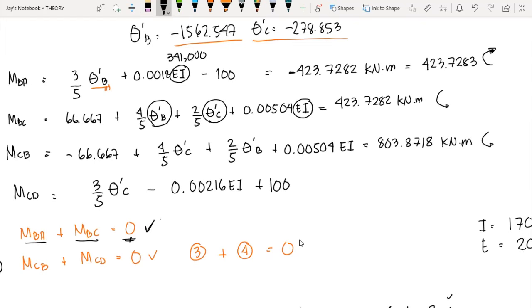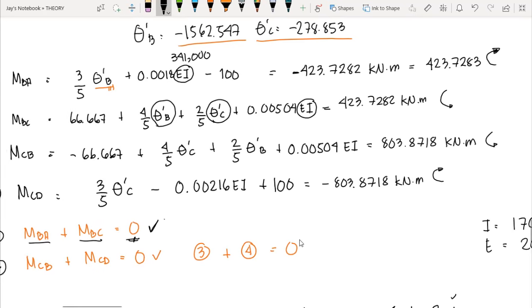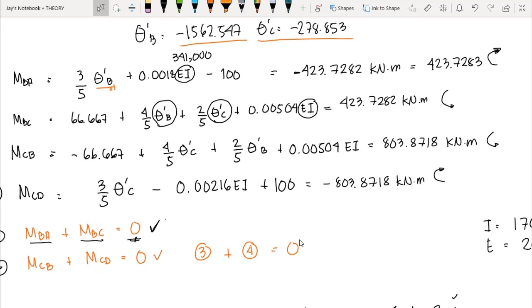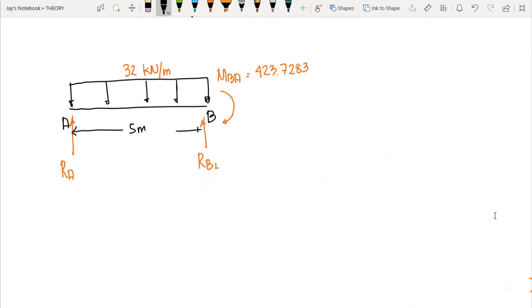For MCD, we have negative 803.8718 kilonewton meter, therefore the rotation of our moment is in clockwise direction. So we have now the member end moments of MBA, MBC, MCB, and MCD. We will now be using these values to compute for the reactions of each support.